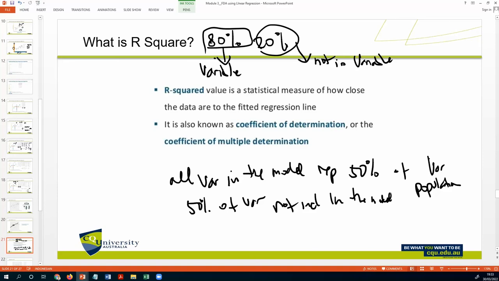Meaning this is not a good model, something like that, is it? Because 50% is not known. Not really, not like that. The R square for, let's say, consumer behavior, 50% is considered high.